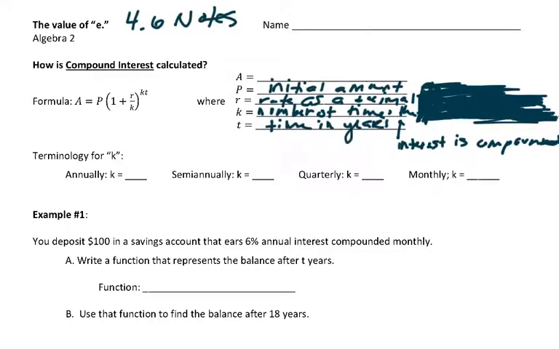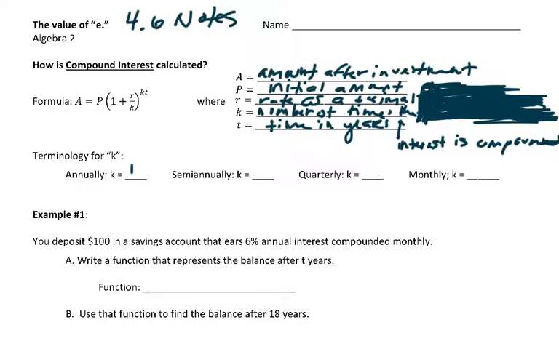After you put all of those pieces in, you get A, the amount after investment. So I've mentioned these values already, but let's say that they say this is going to happen annually. So they're going to compound this rate annually. That would mean that your K value is 1, because it's happening 1 time a year.